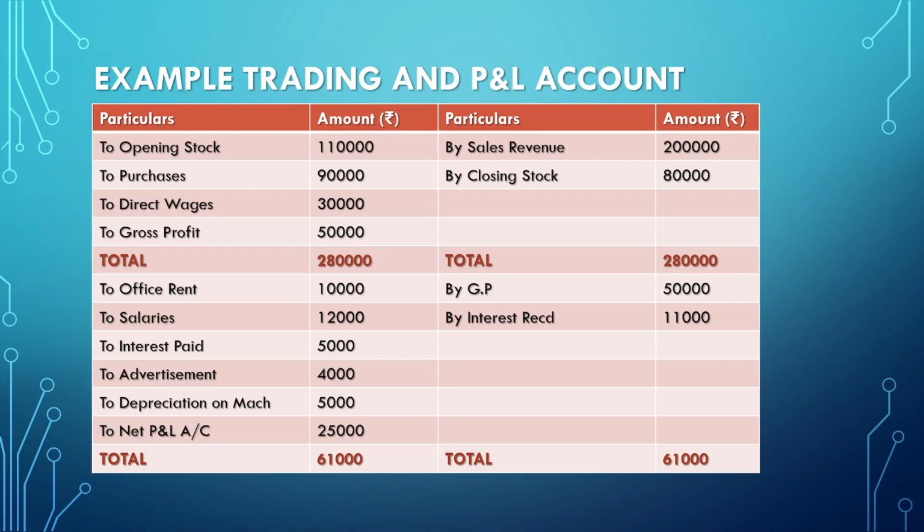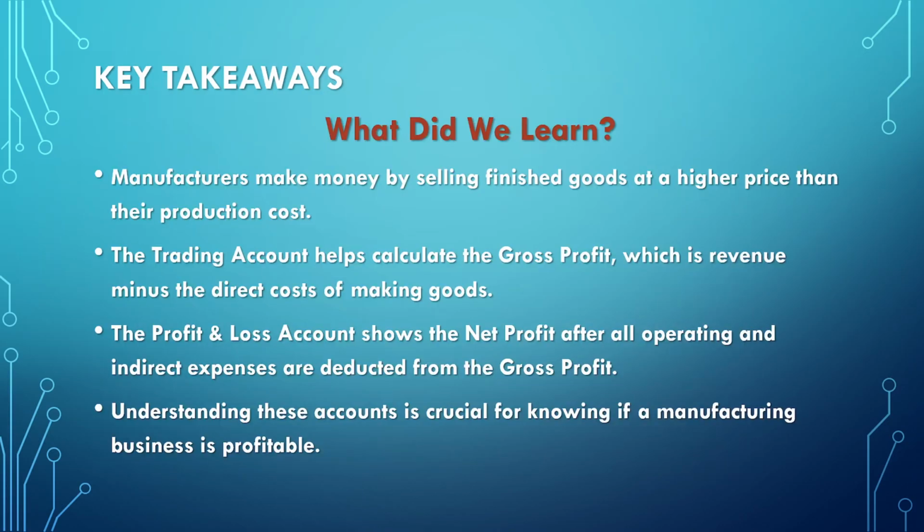Okay, now let's try to understand the key takeaways. What did we learn today? Manufacturers make money by transforming raw materials into finished goods and selling them at a better price than their production cost.